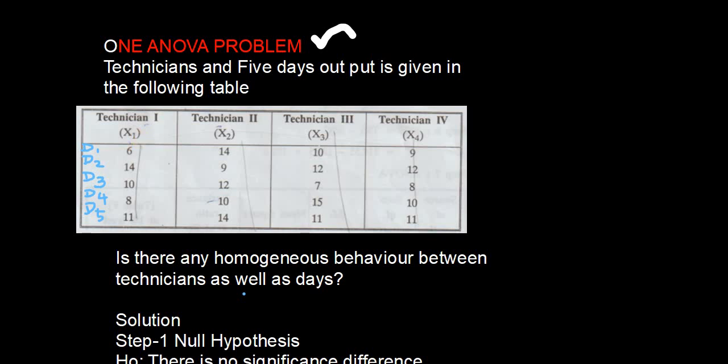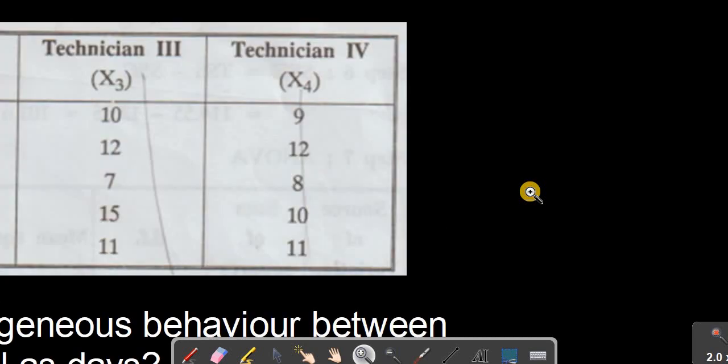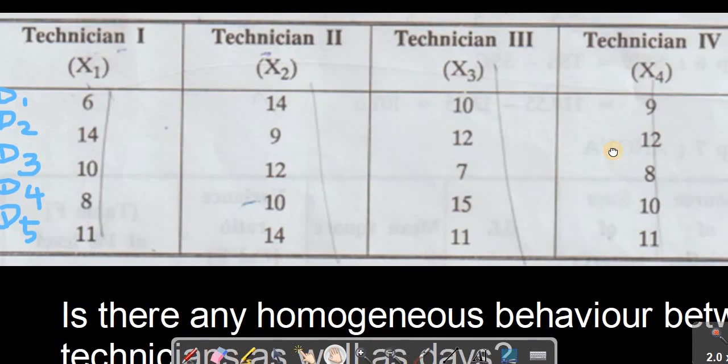Now let me expand this so that you understand the question correctly. First technician, on the first day, brings out 6 as output. Similarly, the second technician on the first day brings 14 as output.